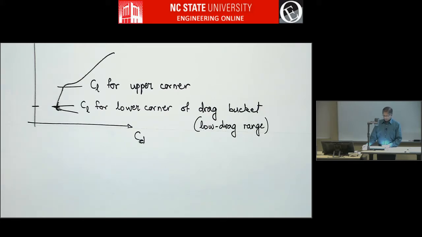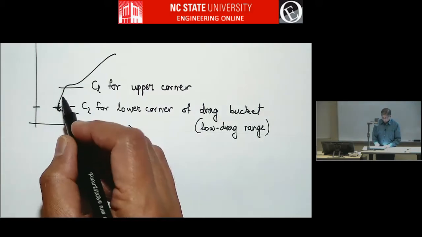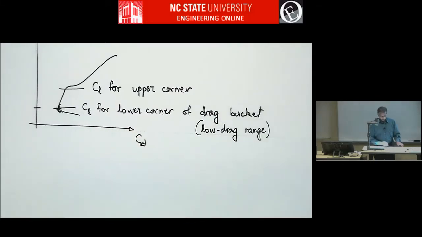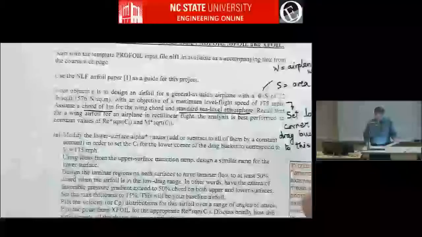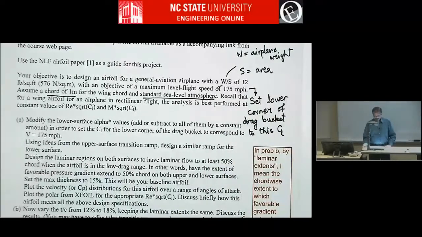Because when the airplane is going at a desired top speed, you'd like the airfoil to have low drag, because the big contribution to drag at high speeds is profile drag. So you'd rather have low drag here than here. Okay, that's the meaning of this requirement.